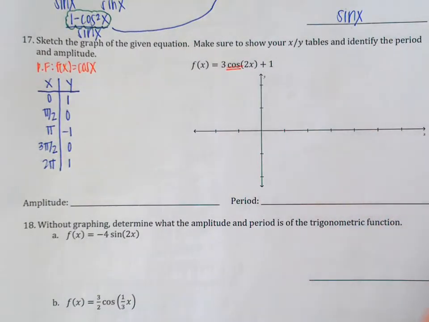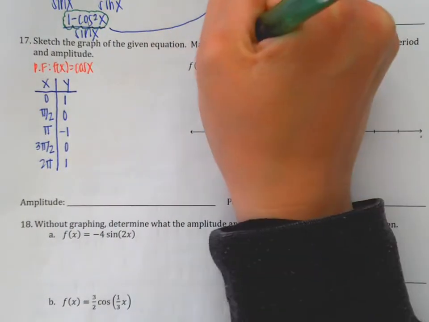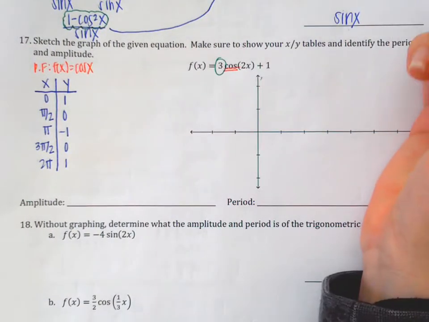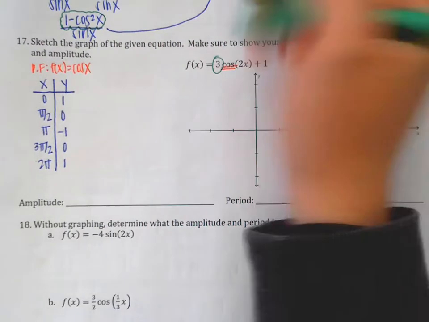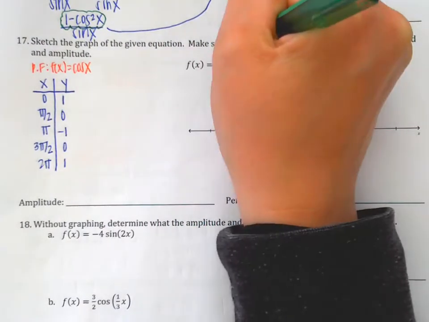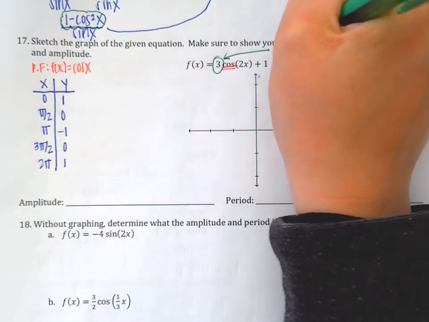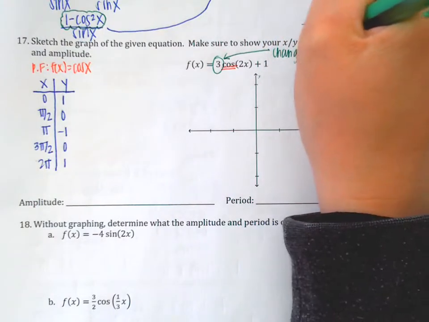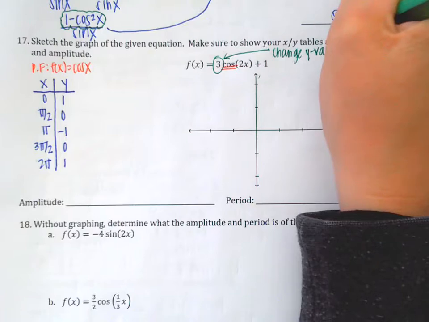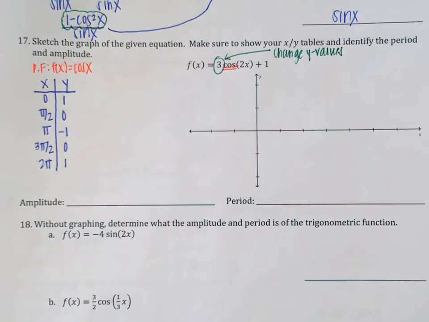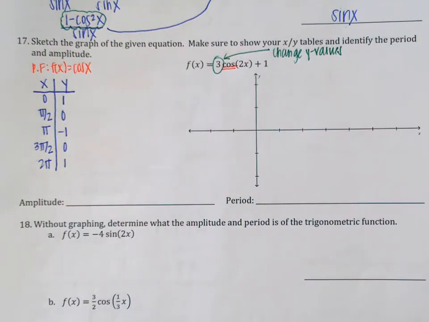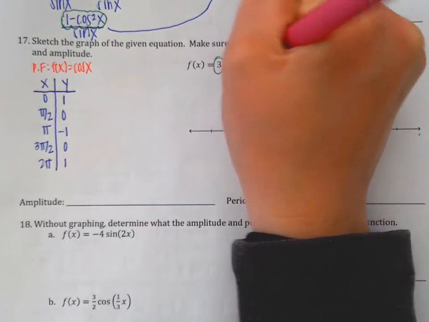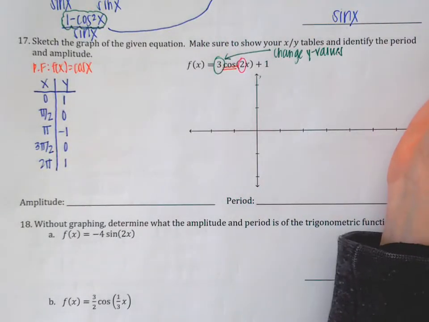So our transformations, we have 1 on the outside, so that's 3. Now that 3, is that a change to the x values or is that a change to the y values? If you're thinking change to y, you are correct. And if we're looking at the 2, is that going to be a change to the x or a change to the y?